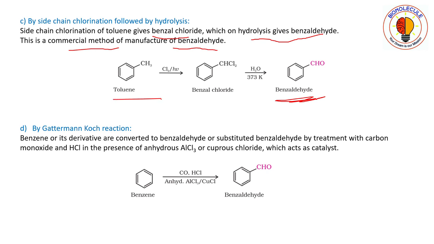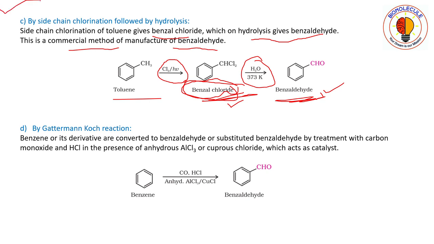You just take toluene and add chlorine in the presence of sunlight, or give any energy, not thermal; this is a photochemical reaction. You will get benzyl chloride, sorry, my mistake, and further hydrolysis of benzyl chloride you will get benzaldehyde.